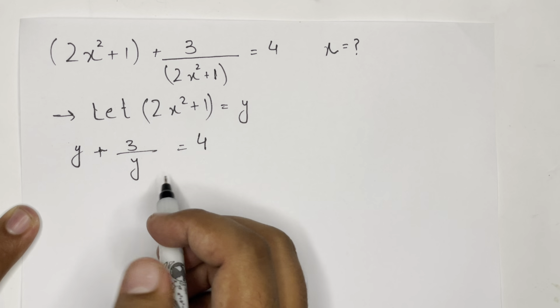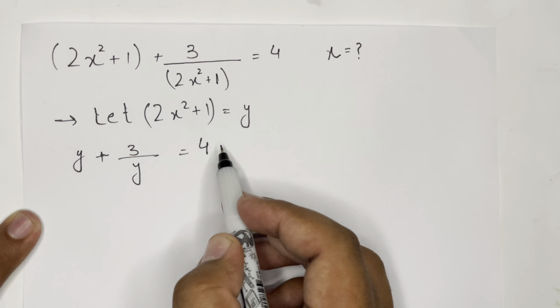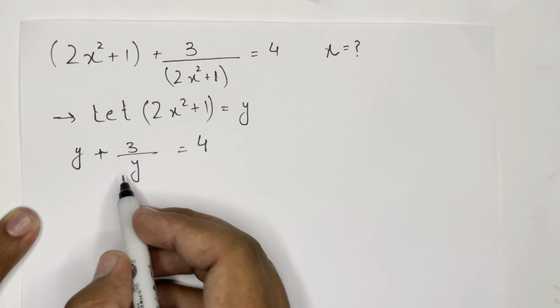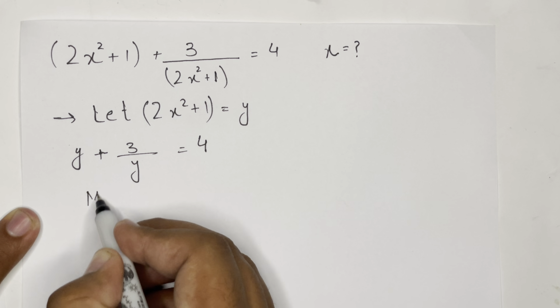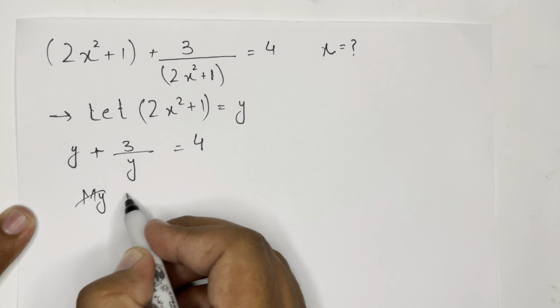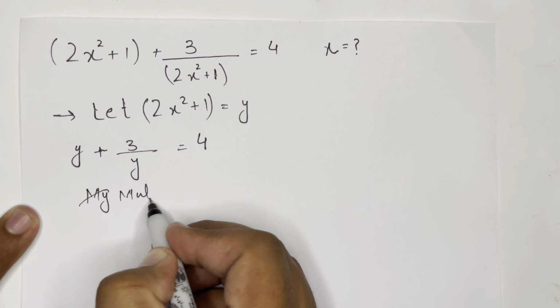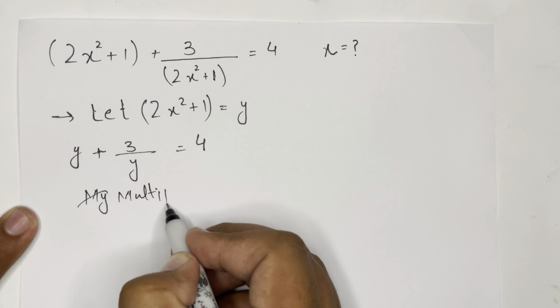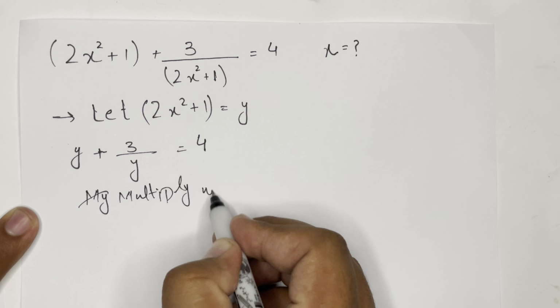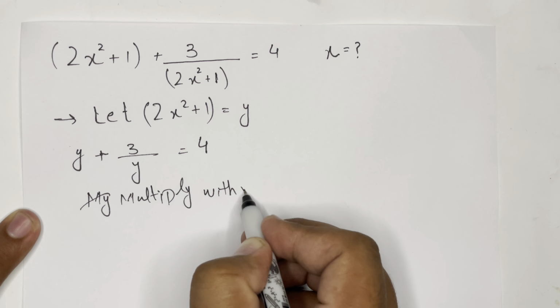Now I am multiplying this equation by y. Sorry, I mistakenly wrote the wrong spelling. Multiply with y.